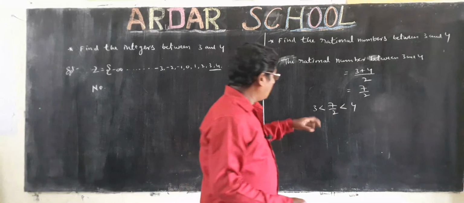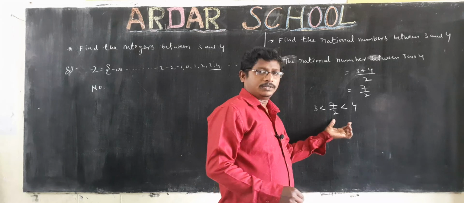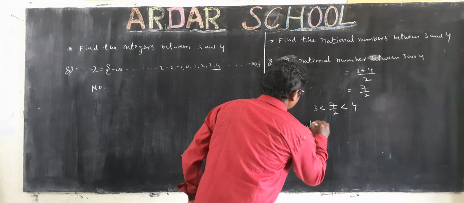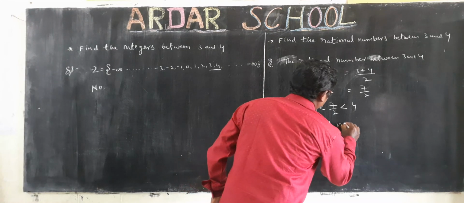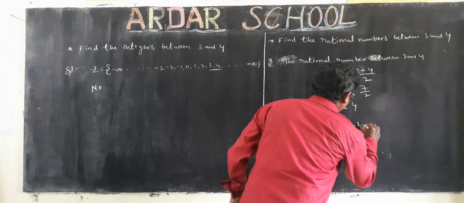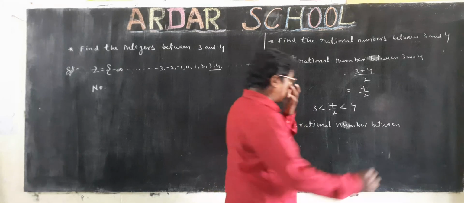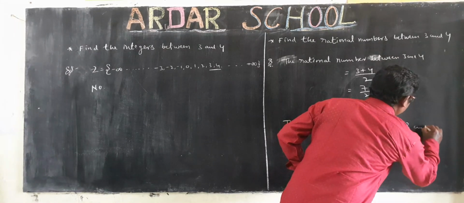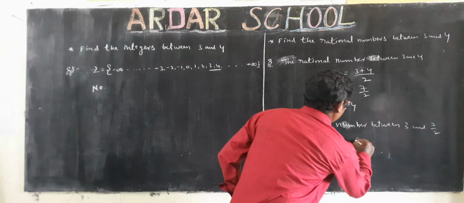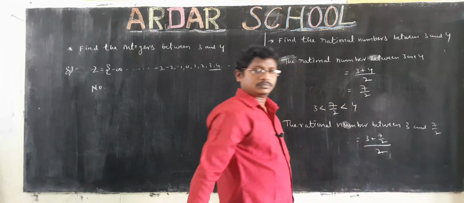Next, let's find the rational number between 3 and 7 by 2. Do it like this: (3 plus 7 by 2) by 2.